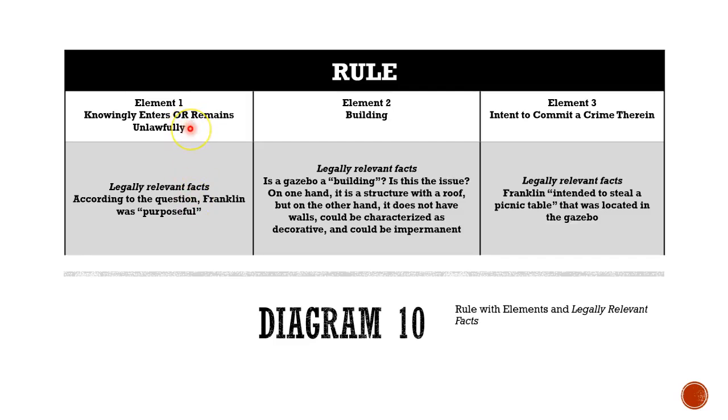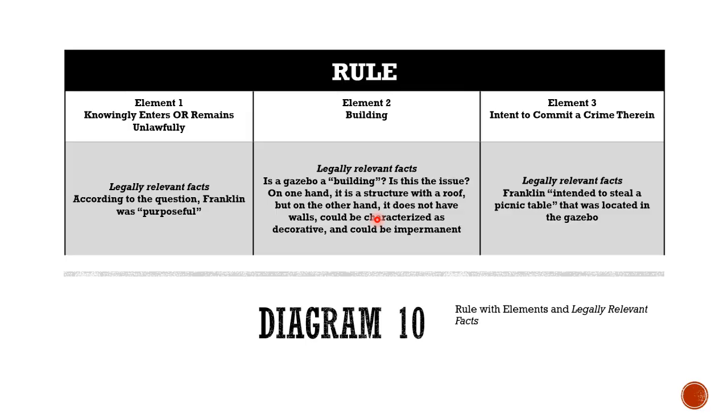Element 1, again, knowingly enters or remains unlawfully. The legally relevant facts are, according to the question, Franklin was purposeful. Element number 2, the building. The legally relevant question is, is a gazebo a building? Is this the issue?